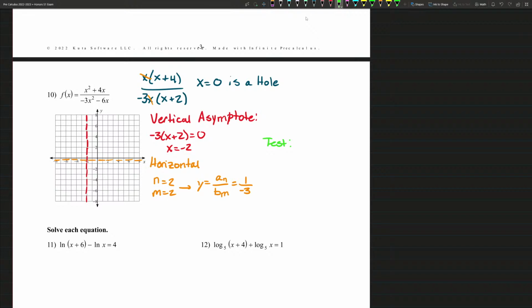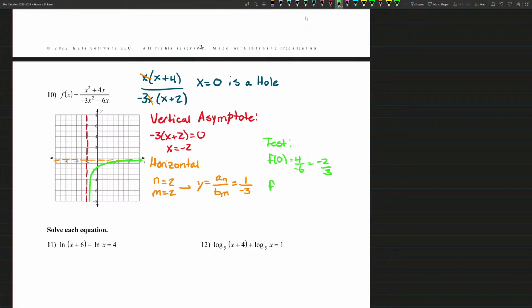So we can test to the right first, f of 0. When we do that, we get negative 2/3. Negative 2/3 is below negative 1/3. So our graph is going to be down below.